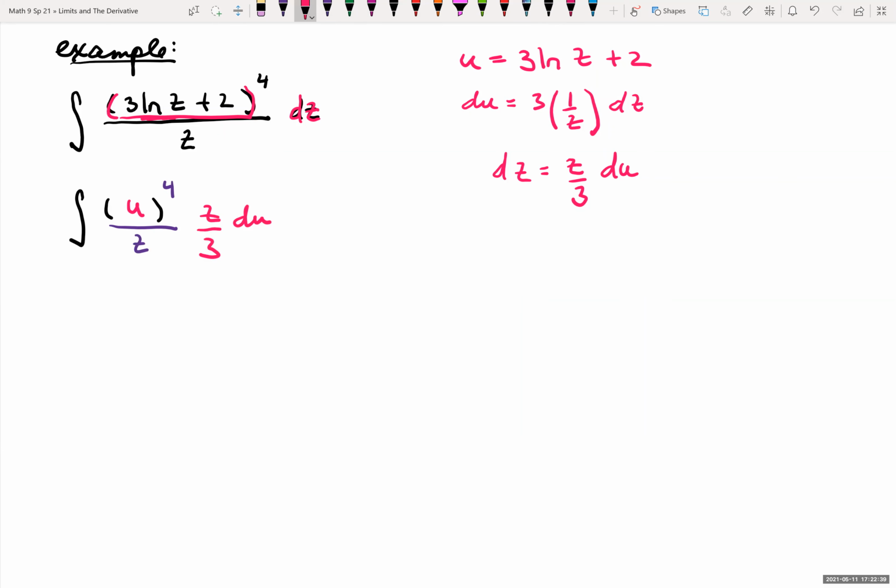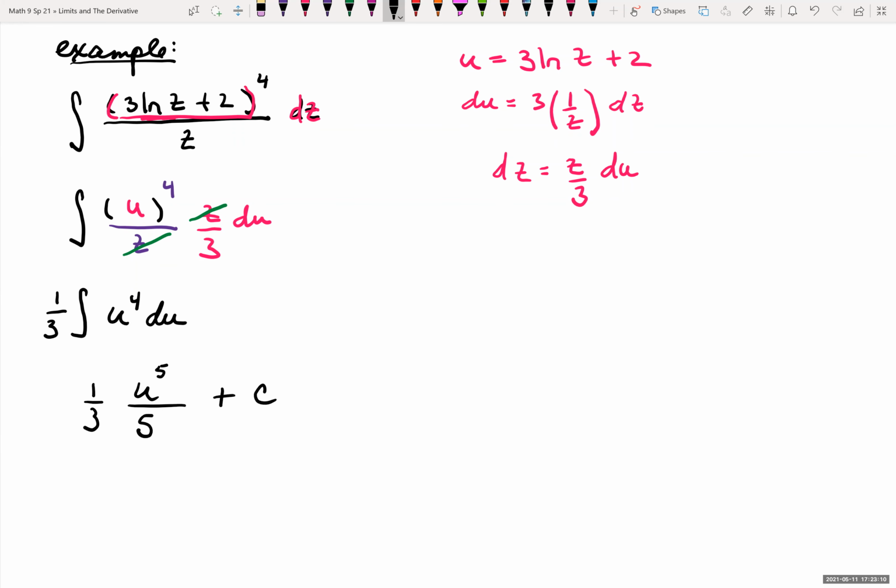So notice in here our z's cancel. And we're left with, and we can pull out that 1/3 if you want to. We have a 3 in the denominator, a coefficient of 1 in the numerator. So 1/3 times the integral of u to the 4th du. So we can just use that power rule, add 1 to our exponent, which will give us 5, divide by our new exponent of 5, plus c.